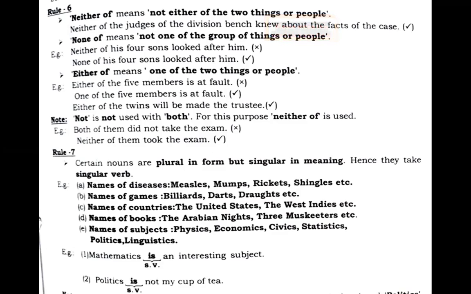Names of diseases: measles, mumps, rickets, shingles, etc. Names of games: billiards, darts, draughts, etc. Names of countries: the United States, the West Indies, etc. Names of books: the Arabian Nights, Three Musketeers, etc. And names of subjects: physics, economics, civics, statistics, politics, linguistics. These are plural in form but singular in meaning, so they will take only a singular verb.